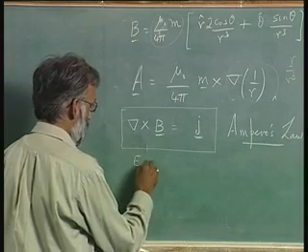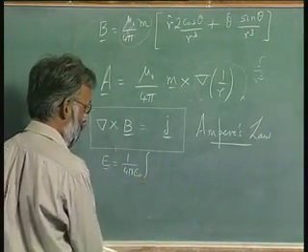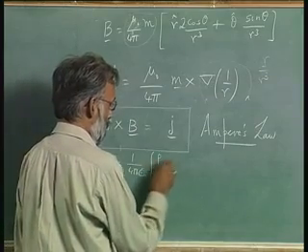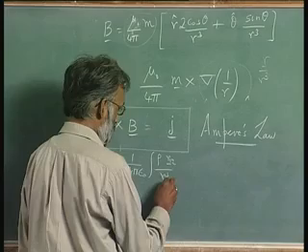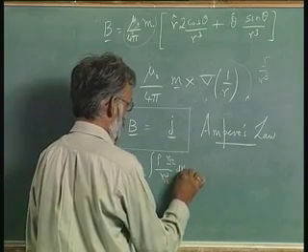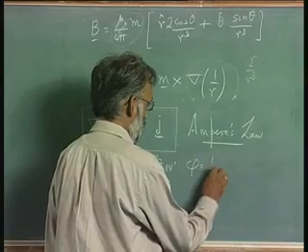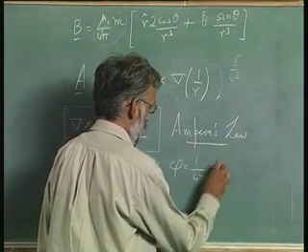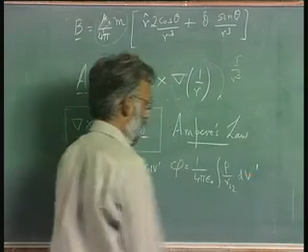The electric field is 1 over 4 pi epsilon naught volume integral rho r over r cubed r12 dv prime, whereas potential was equal to 1 over 4 pi epsilon naught integral rho over r12 dv prime.